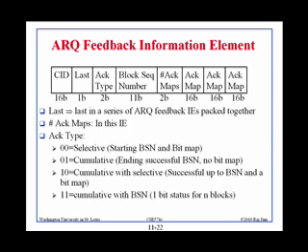And there is an ARQ feedback. And ARQ feedback is basically acknowledgement, which tells which packets, which blocks were received, which blocks were not received. Now there are two ways to tell the blocks received or not received. One is that we could say I have received everything up to block number 35.